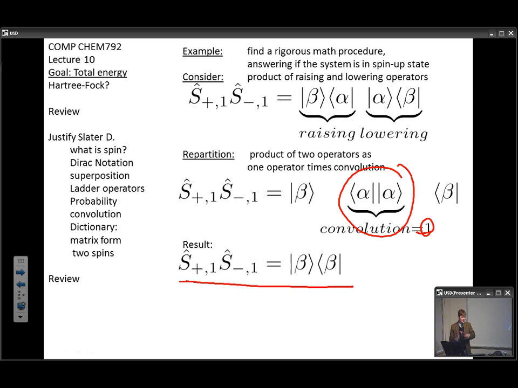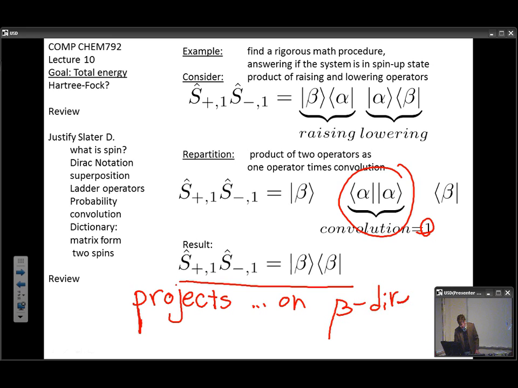So it projects the whole state only on the beta direction. And in some textbooks, the operators that have ket and bra with the same argument in reverse order are often called projectors.